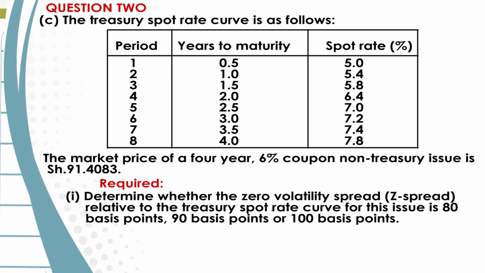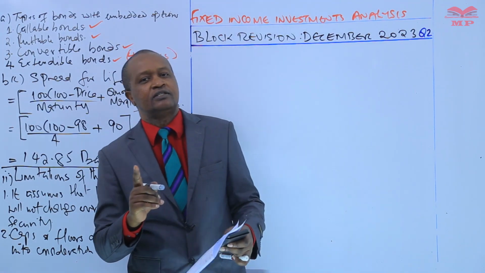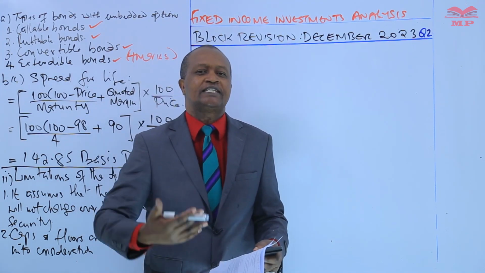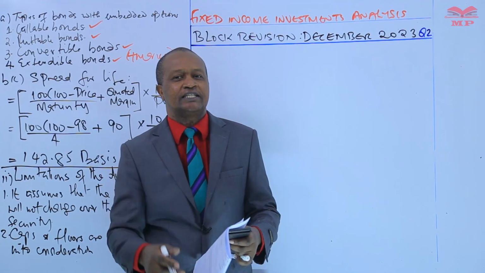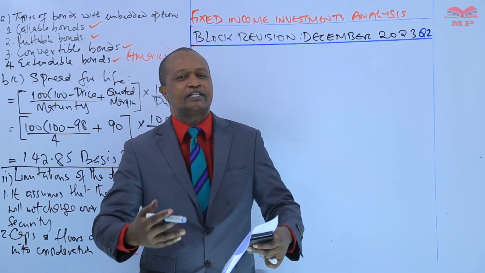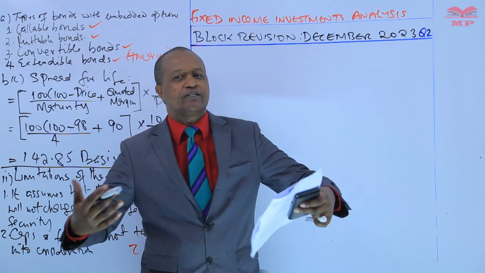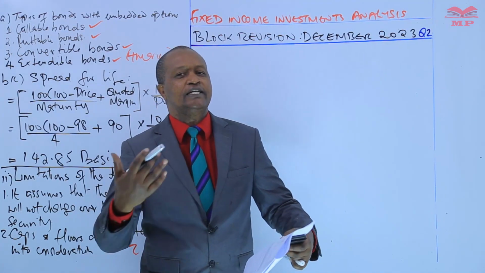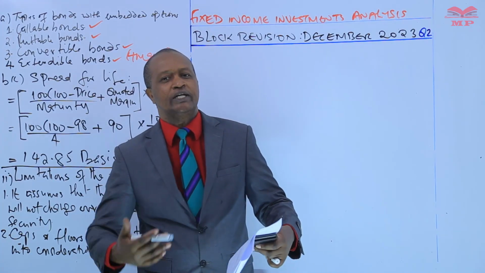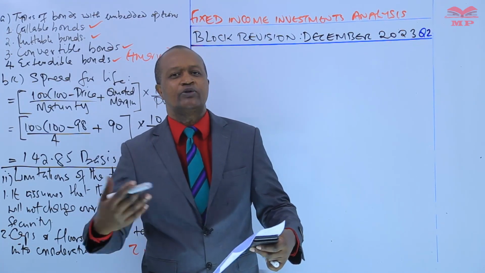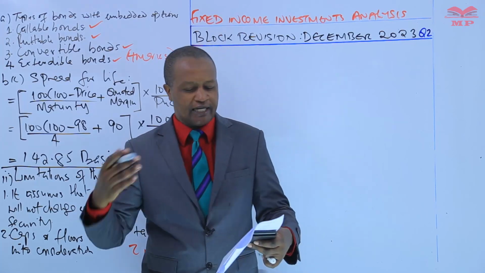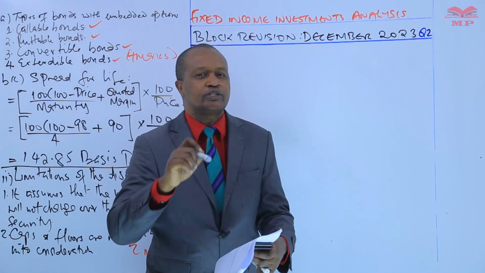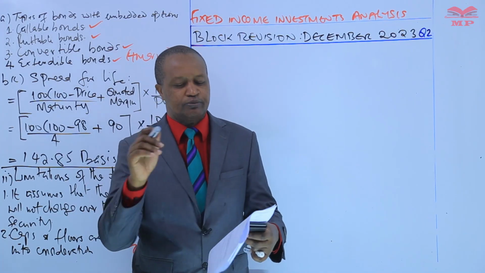You understand? That is to mean that the Z spread, which is also known as the static spread, is calculated as the spread that will make the present value of the cash flows from the non-treasury bond, when discounted at the treasury spot rate plus the spread, equal to the non-treasury bond's price.